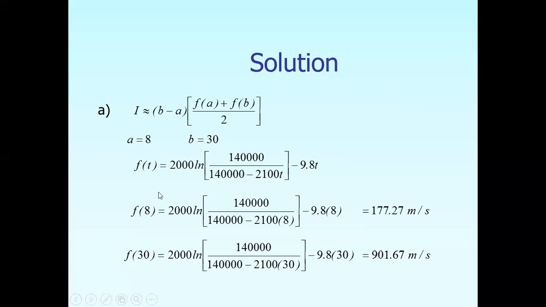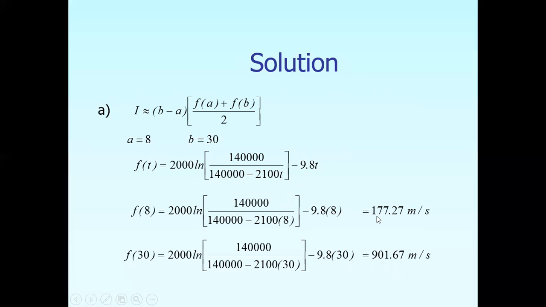Then we can find the value of the function at a is equal to 8 and b is equal to 30, meaning f of a and f of b. We put the value 8 instead of t and find f of 8, and also put the value of t as 30 and find the value.